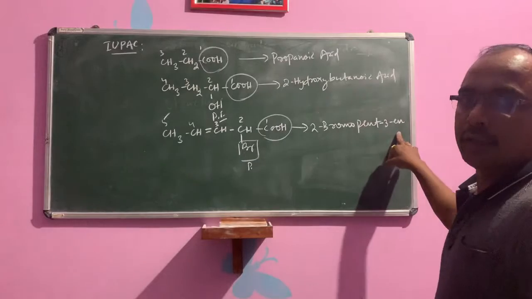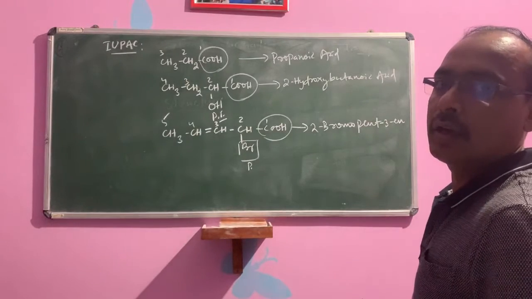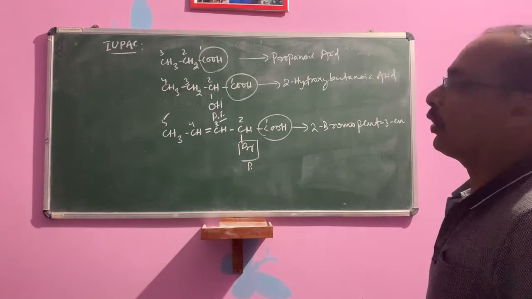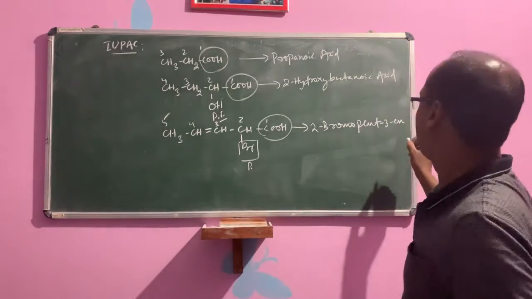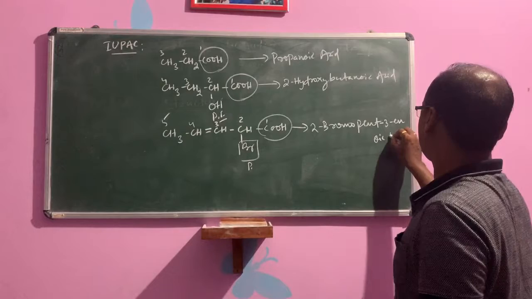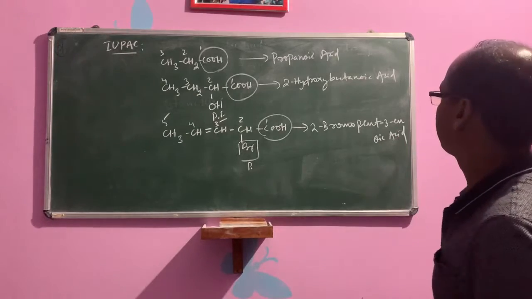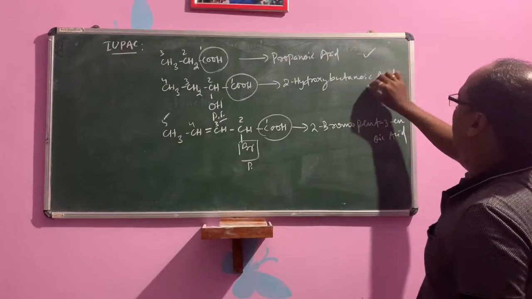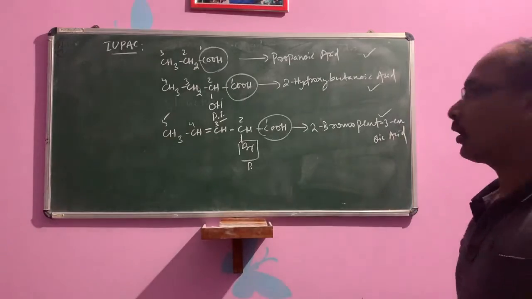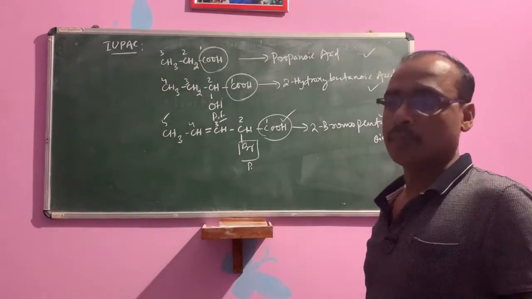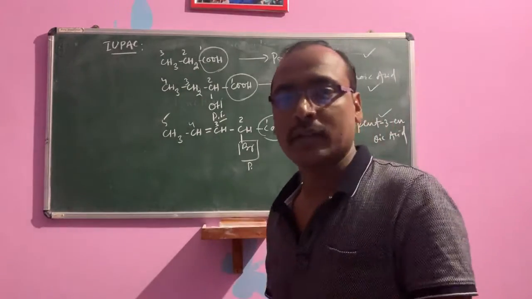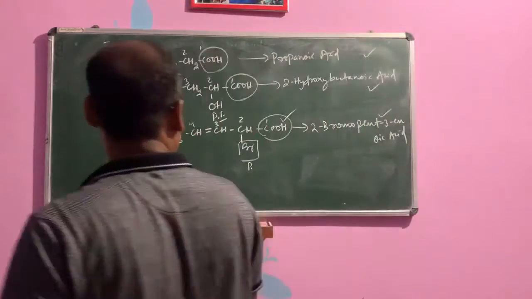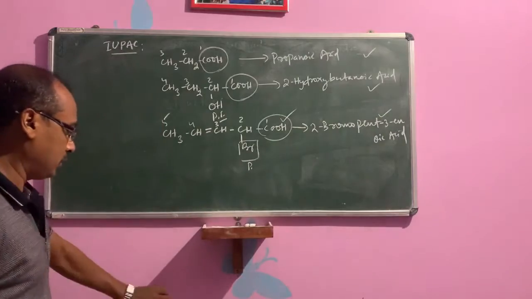Only en, not ene, because the secondary suffix begins with a vowel, oic acid. So enoic acid. These are the IUPAC names for compounds containing the carboxylic group, COOH. So, children, like this you can practice many types of compounds and their IUPAC names.